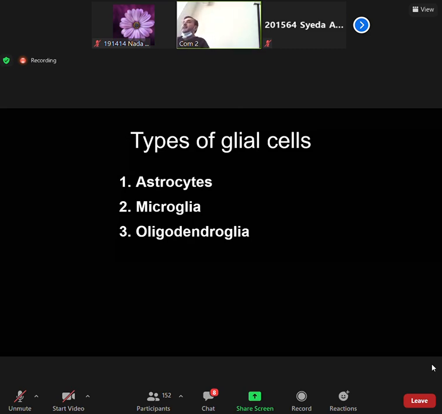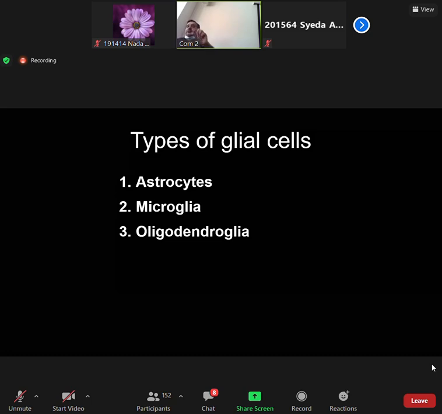Oligodendroglia are the ones which are important for the myelination of the neurons in the central nervous system. One of the diseases which results in demyelination of neurons in the central nervous system is multiple sclerosis. So if you have heard about MS, it's a demyelinating disease.